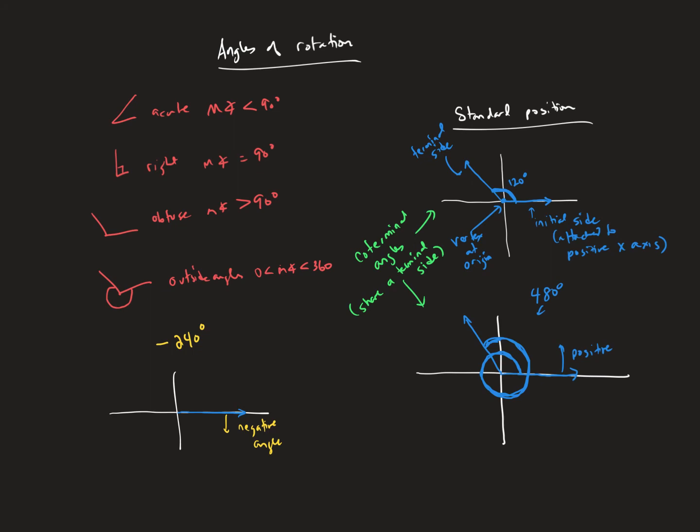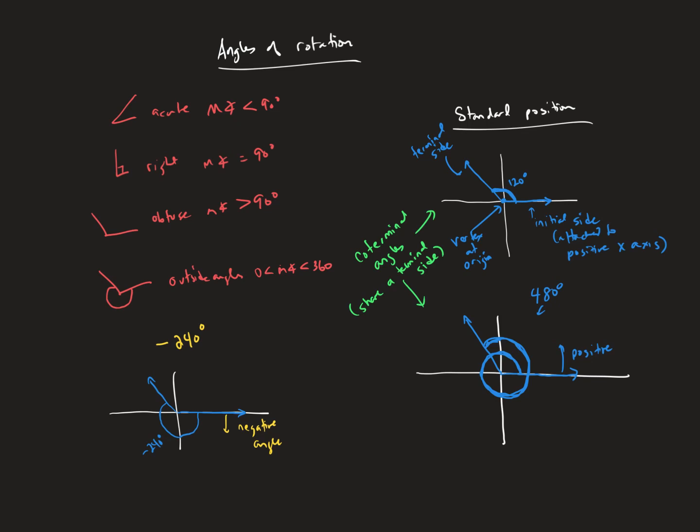So here we go. Negative 90, negative 180. If I went all the way up to the y-axis, that'd be negative 270. That's too far. So another 60 degrees. So about right there. And that's negative 240 degrees.